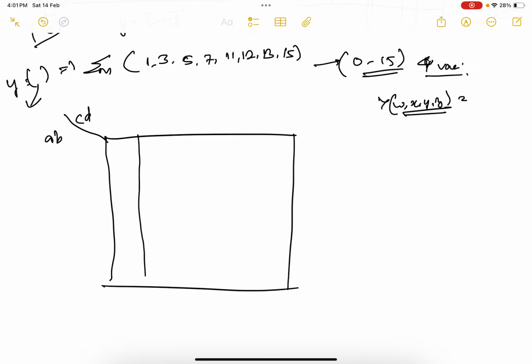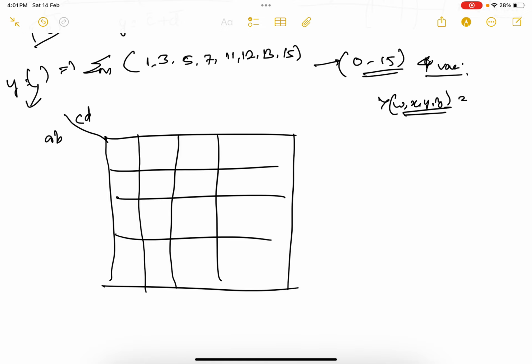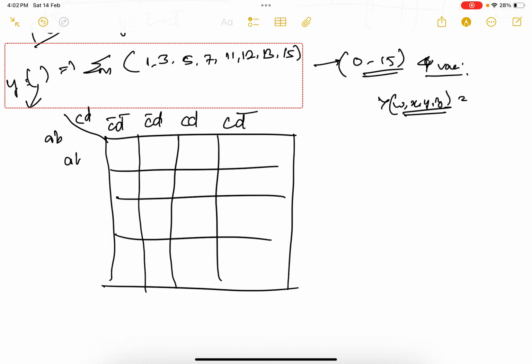So after that you form 4 rows and 4 columns, that is C bar D bar with 0 0, 0 1, 1 1 and 1 0. Then here also 0 0, 0 1, 1 1 and 1 0.